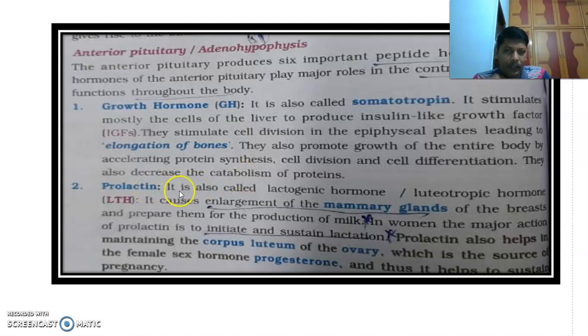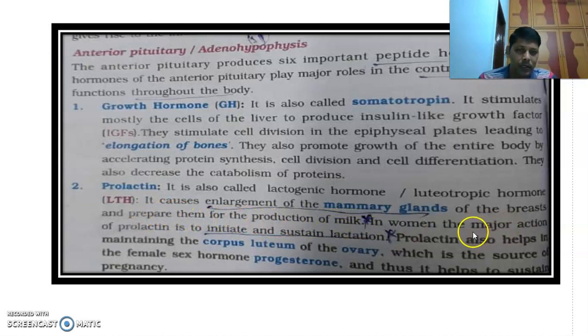Next one is prolactin. Prolactin is also called lactogenic hormone or luteotrophic hormone, LTH. Very important. It causes the enlargement of the mammary glands of the breast and prepares them for the production of milk.